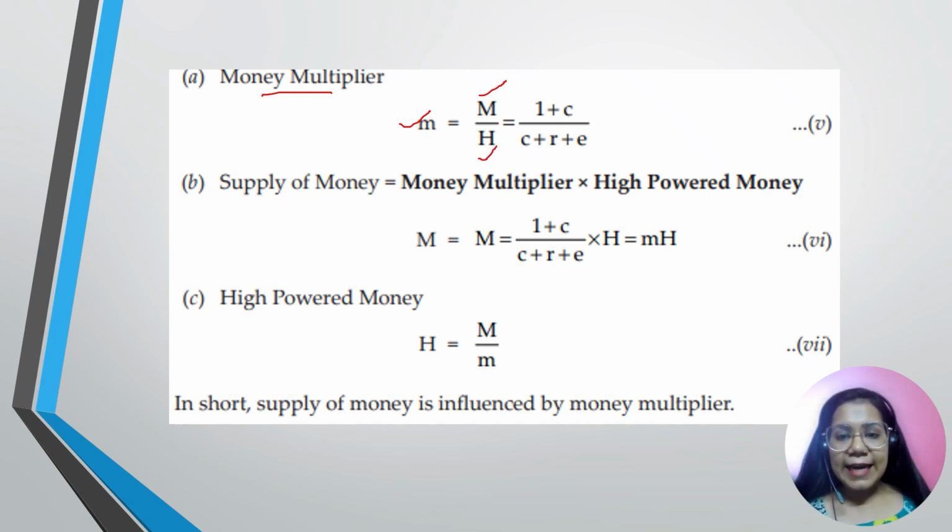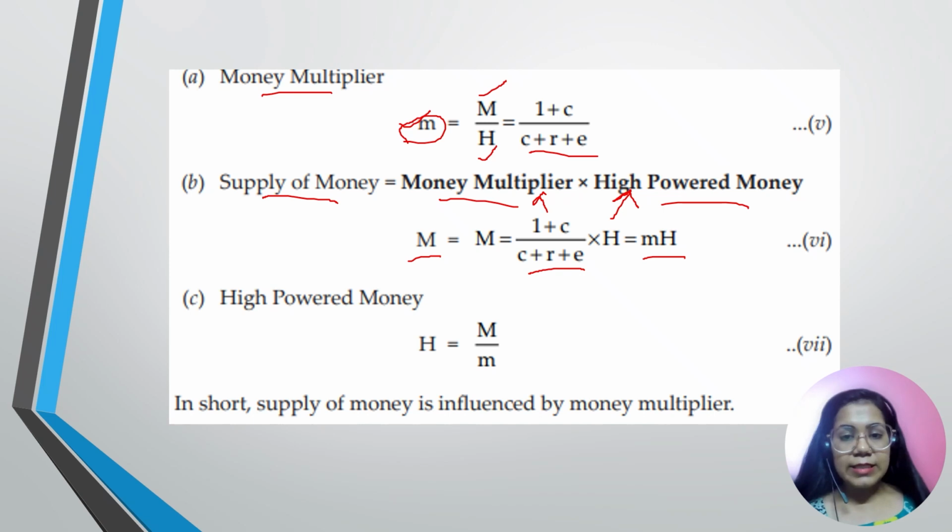We can write it as 1 plus C upon C plus R plus E. Now we can also write the supply of money from this equation as the money multiplier into the high powered money. So capital M becomes 1 plus C upon C plus R plus E, which is the money multiplier, into the high powered money, or small m into H.